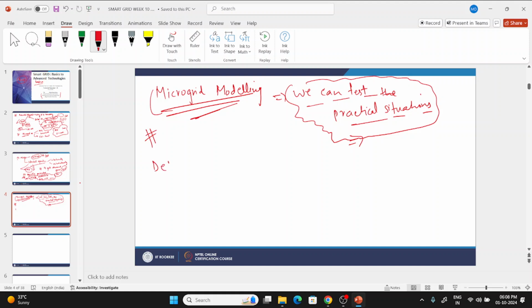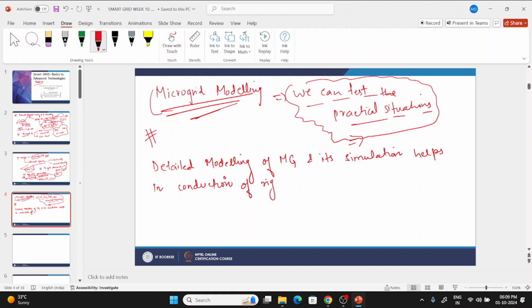What it does is that detailed modeling of a microgrid and its simulation helps in the conduction of rigorous analysis, which I have just talked about.